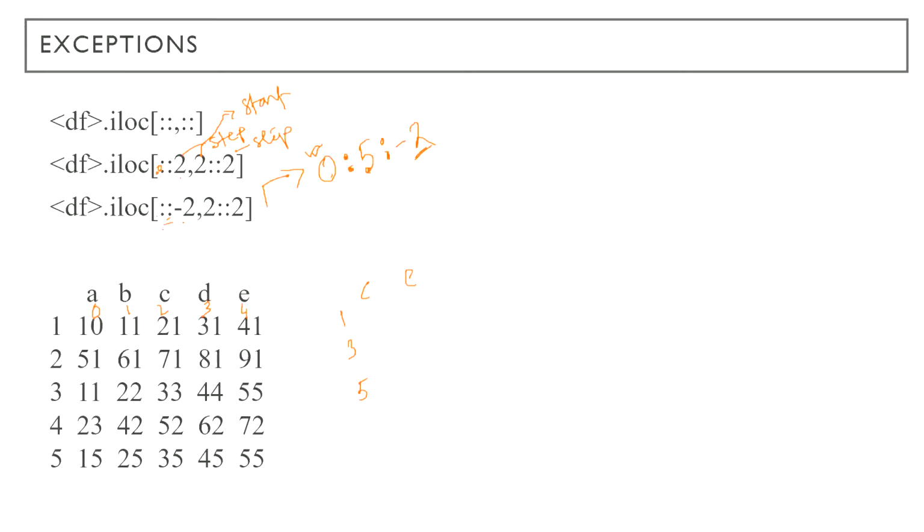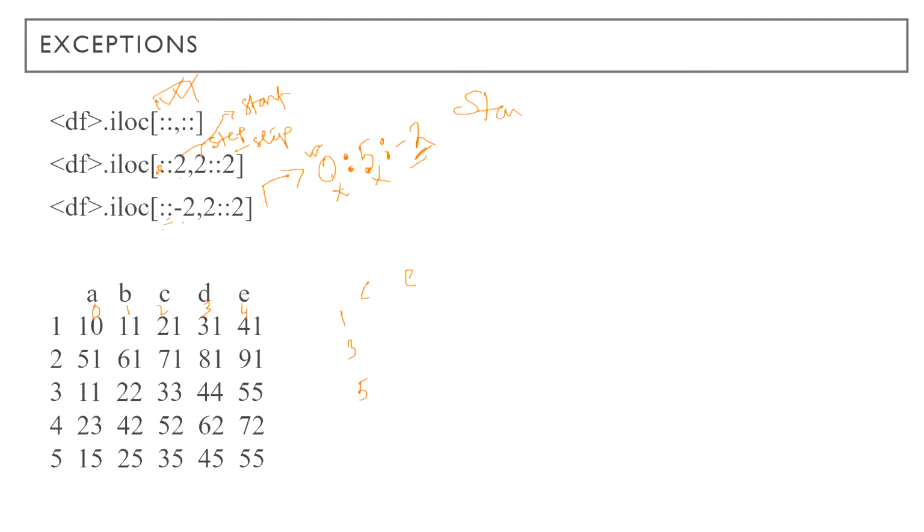In case of this one, it is 0. But here you see, I have not given start, I have not given stop, I have given only -2. When start value is not given, then start value depends on the sign of step value.